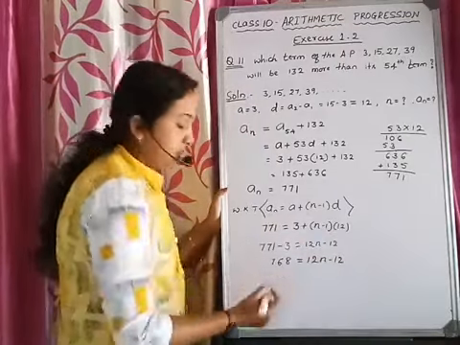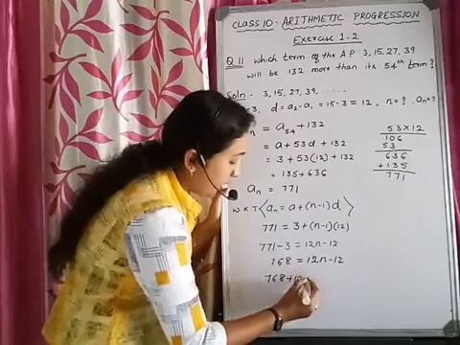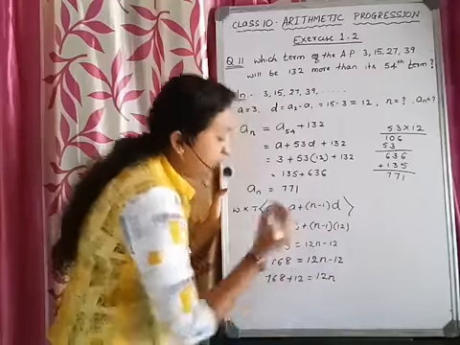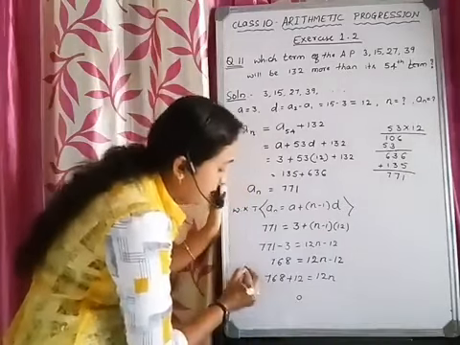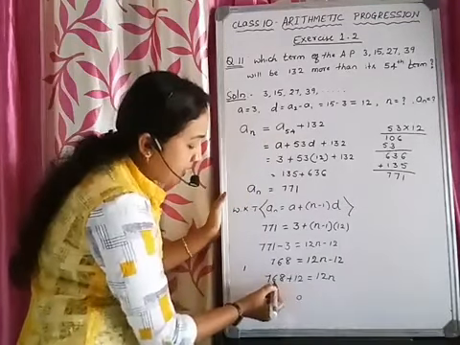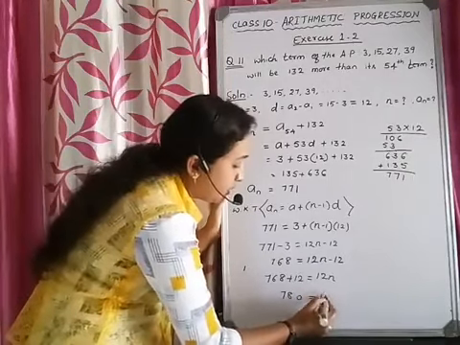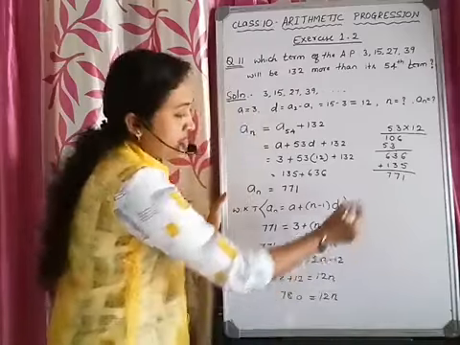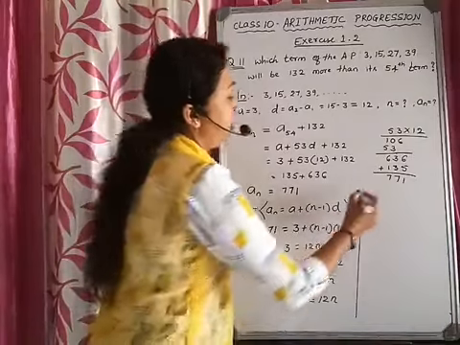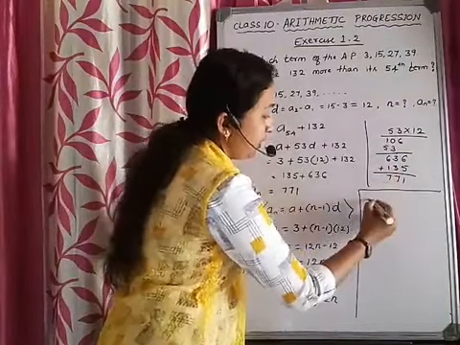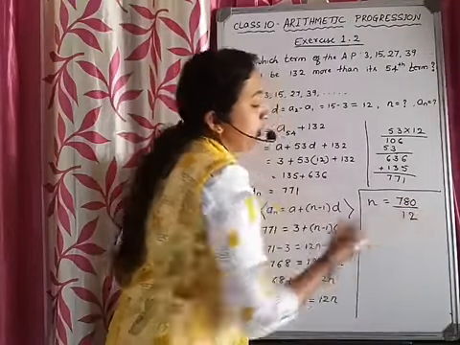So shift this 12 to this side and it becomes 768 plus 12 is equal to 12n. Now add these two. 2 plus 8 is 10. 1 carry. 1 plus 6 is 7. 7 plus 1, 8. So 780 is equal to 12n. Now shift this 12 to this side and it becomes n is equal to 780 divided by 12.